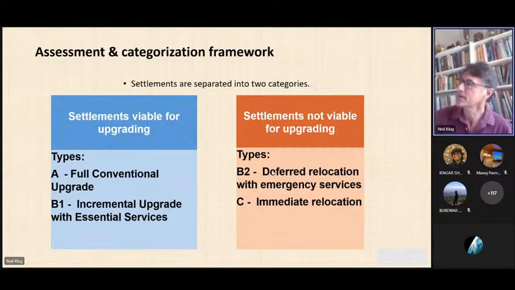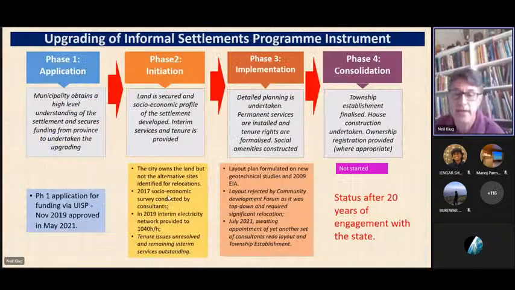And then there are another 2 categories where they're going to relocate the communities, but after a certain time, which is B2, and they'll provide emergency services in the interim. And then there's a category C, which is immediate relocation because of environmental threat, or any other danger that they may face. Unfortunately, most municipalities in the interim assessed and categorized their settlements as B2, which means eventual relocation. But effectively, there's no land to relocate these settlements to.